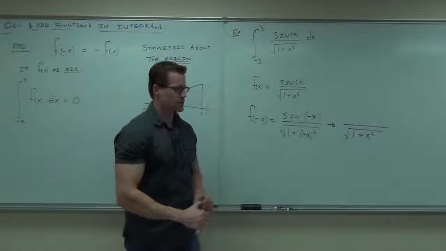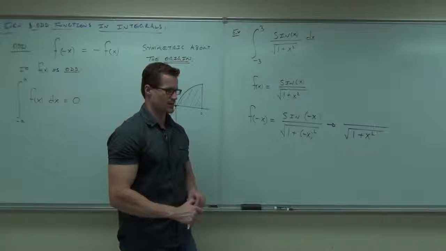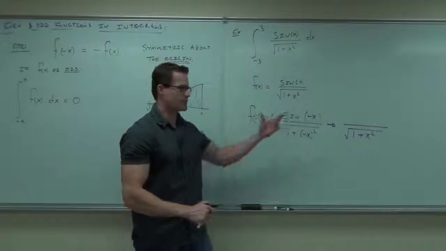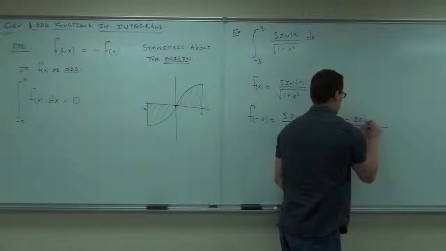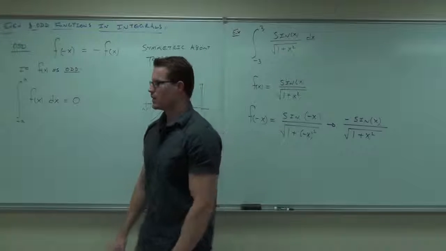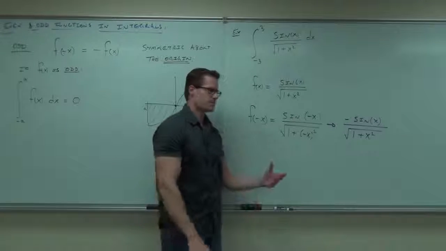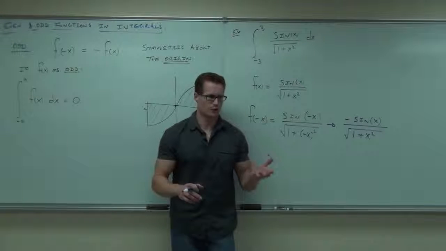Does anybody remember anything about sine of negative x? Yes, that is a property. It says sine of negative x is the same as negative sine of x. If you don't believe me, look it up. That's a true statement. Sine is, when you think about it, an odd function.